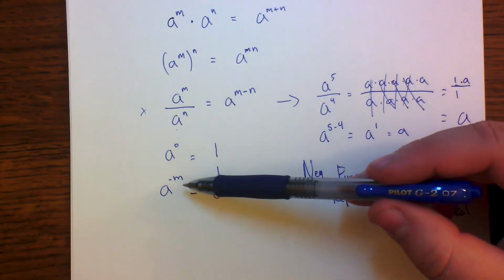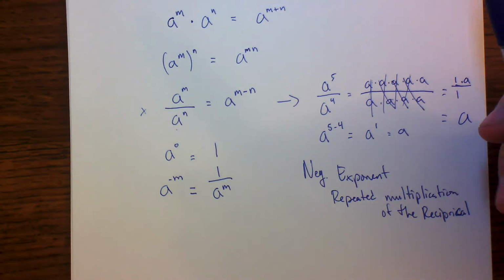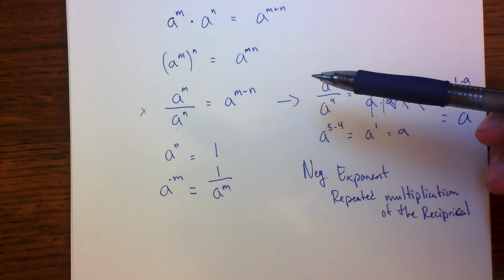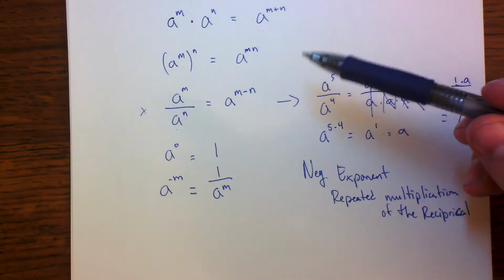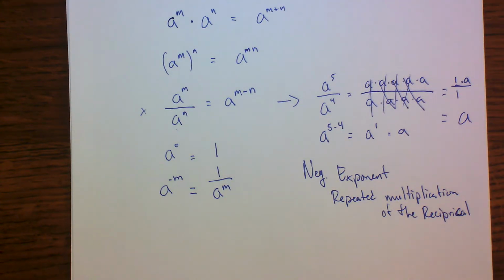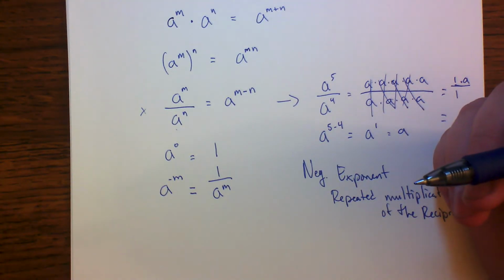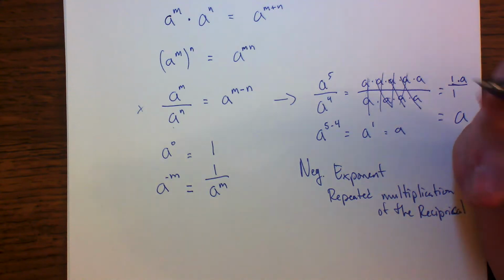When you're talking about this negative m, a negative exponent really represents division, and division really represents multiplication of the reciprocal. So if you have a negative exponent, that represents repeated multiplication of that reciprocal. There's a neat way to show that which takes some time, and I'll talk about it in another video, but for now, this is the shortcut way to get what you need to solve.